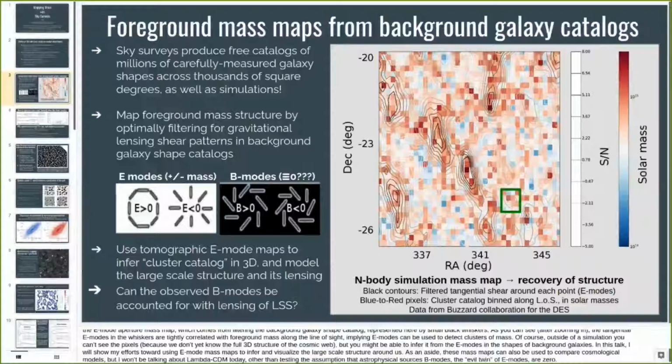In this talk, I will show my efforts toward using E-mode mass maps to infer and visualize the large-scale structure around us. As an aside, these maps can also be used to compare cosmological models, but I won't be talking about lambda CDM today, other than testing the assumption that astrophysical sources of B modes, the evil twin of E modes, are zero.